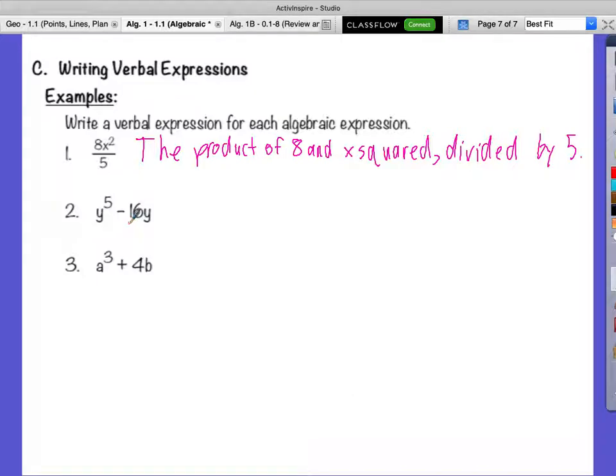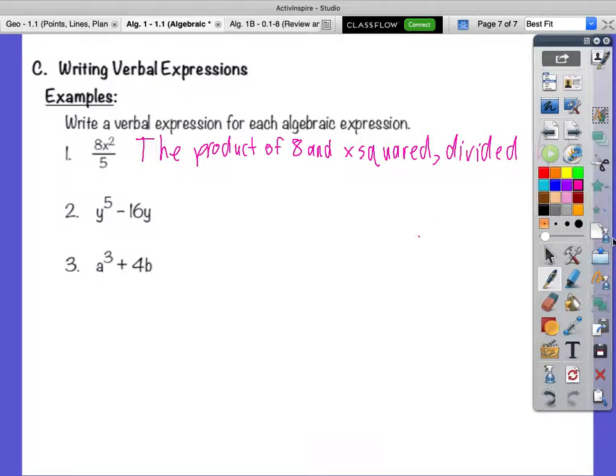I want you guys to try that second one. Go ahead and start trying the second one on your own. Look it over, think about it. What can we do? If you're needing help, if you're thinking, how do I start this? Flip back to the previous page.